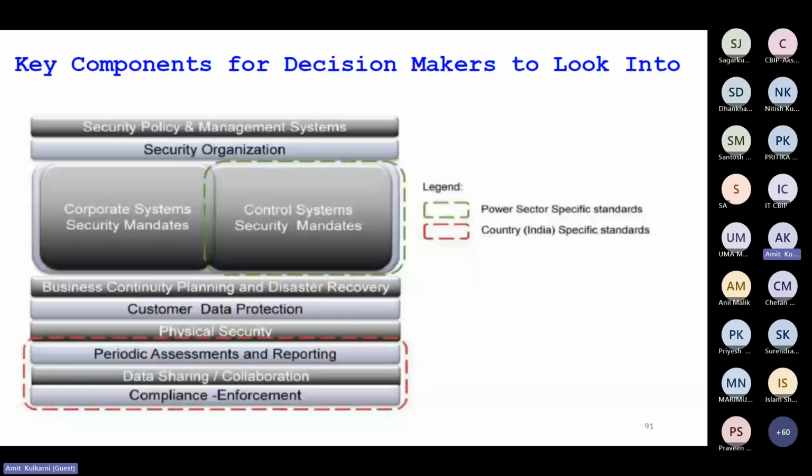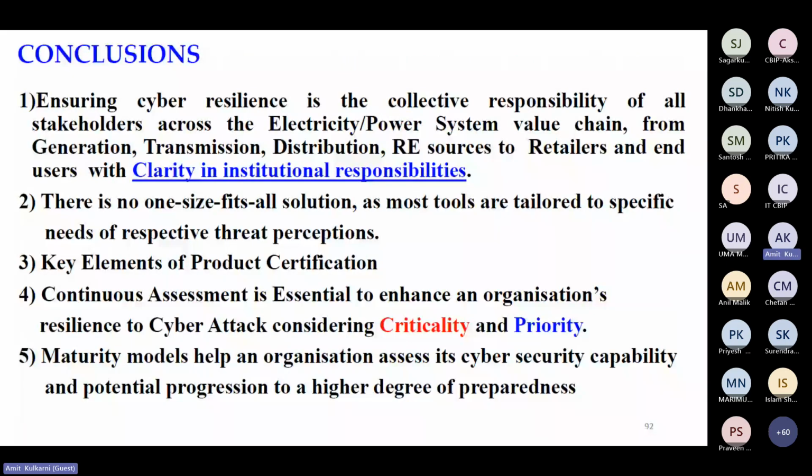So to conclude, in general, what approach do we have to avoid these attacks and keep our system safe? Ensure cyber resilience, and it's the responsibility of all stakeholders, not of a single stakeholder. It is the responsibility of all representing the value chain. As a state utility, I am responsible.